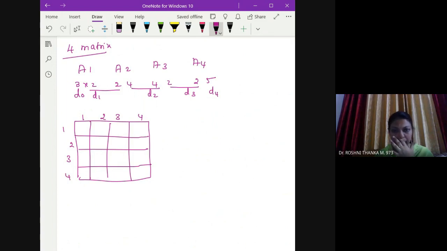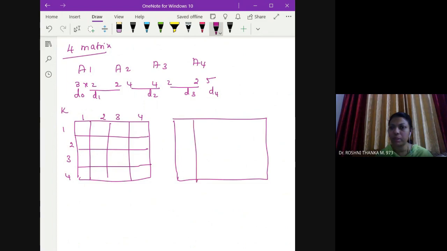So let us use this table to store the k value, and you can give any name you like. Then let us take another table to store the cost of multiplying between different matrices. Here again we will give the numbering 1, 2, 3, and 4 for the rows and columns.